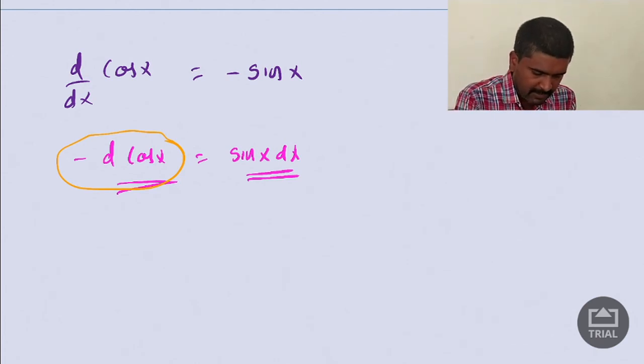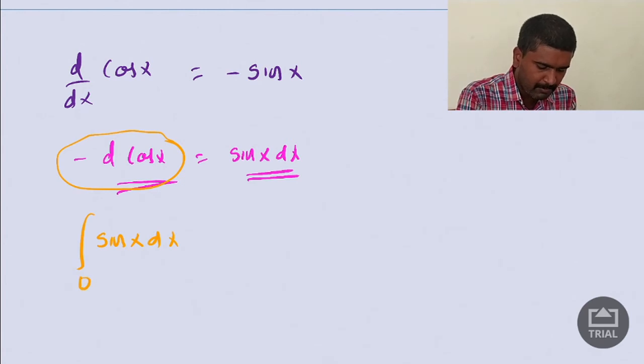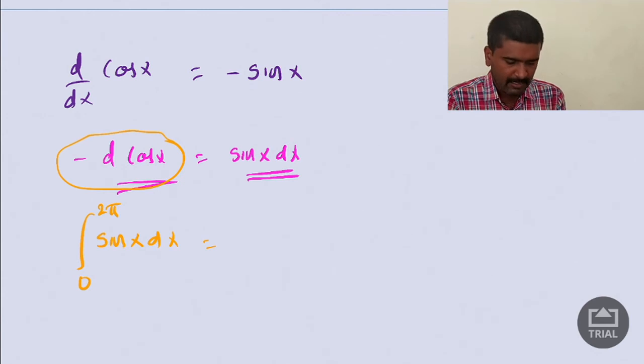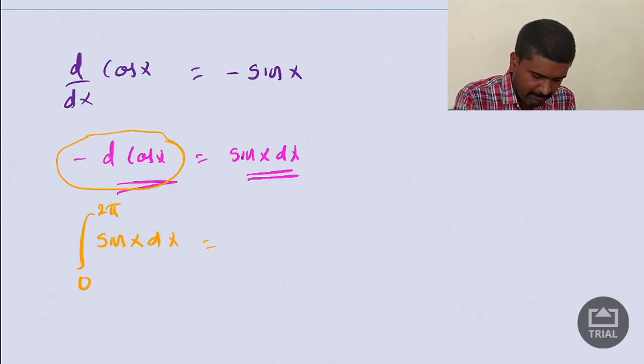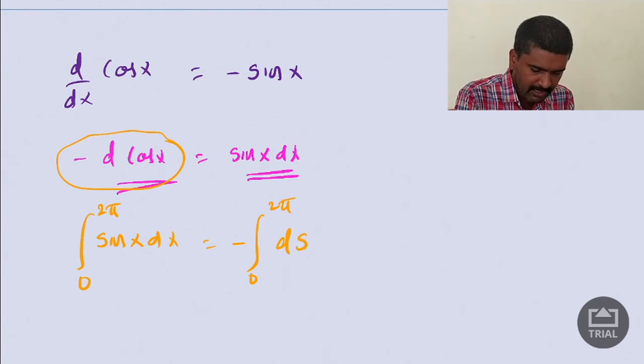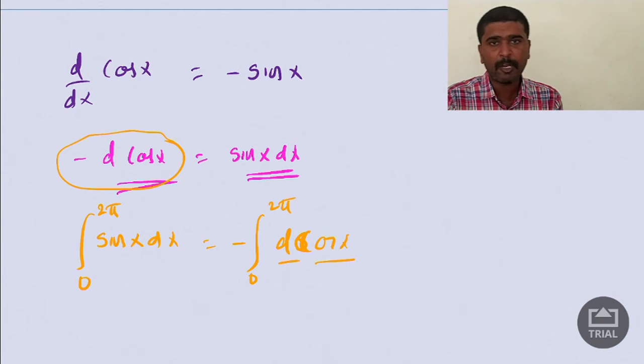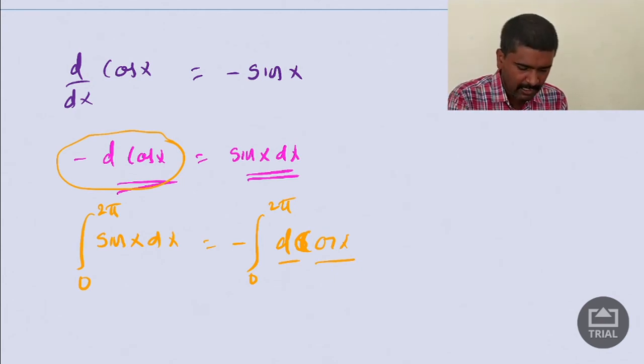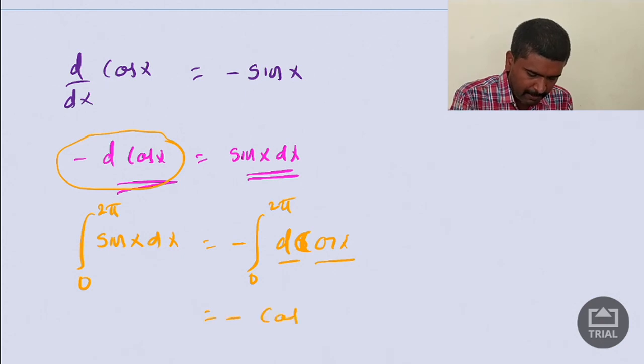So if I integrate sin x dx from 0 to 2 pi, I will get my full area, and that full area will be the integral from 0 to 2 pi of minus d cosine x. Because d cosine x is a small part of your area, if I integrate d cosine x, you will get the full area, and that will be equal to cosine x.